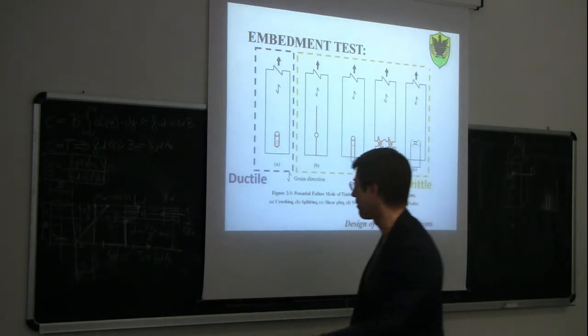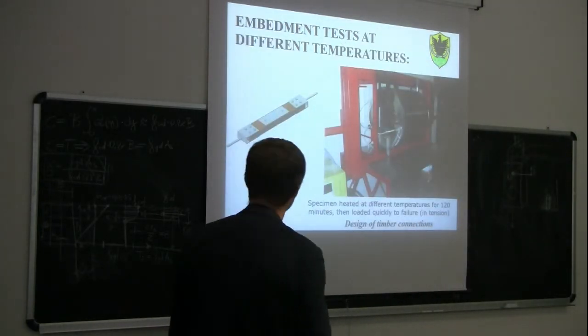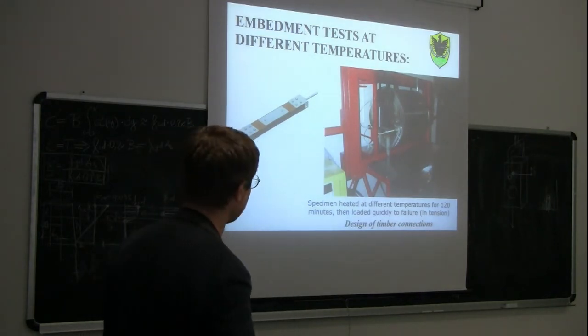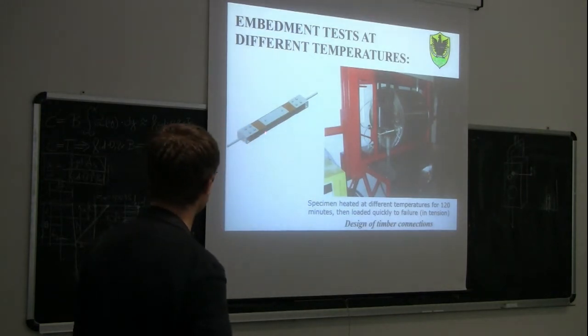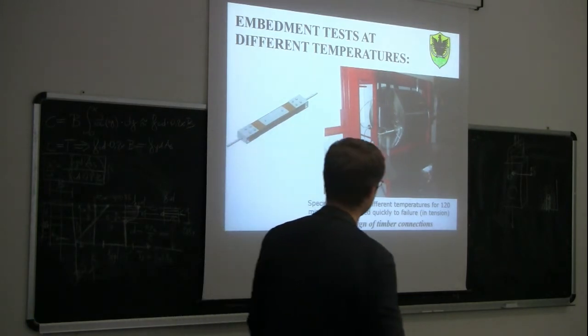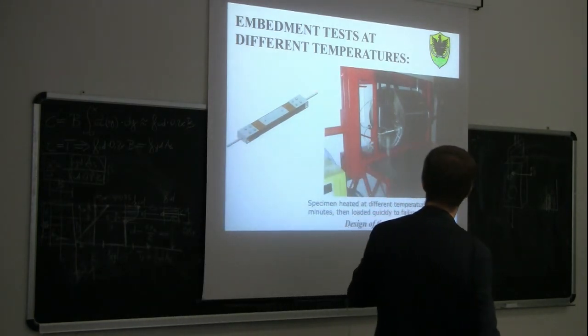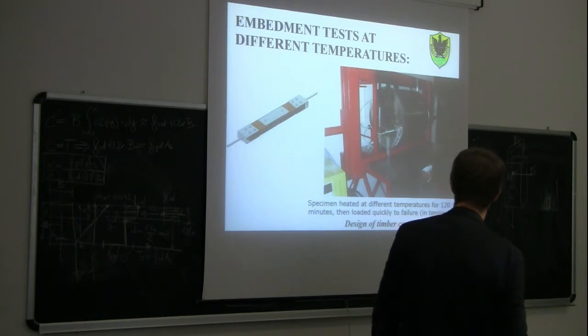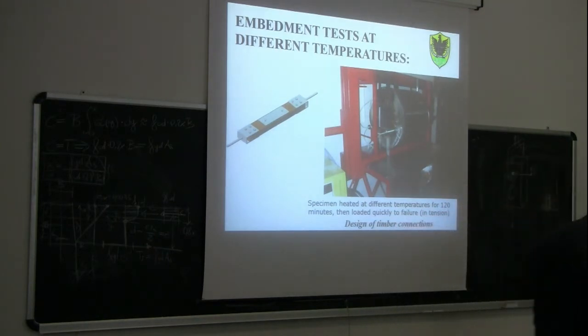Here you can see some experimental results. This was a connection between two pieces of wood with a steel plate and two bolts. These specimens were loaded in tension. In this case, the research was about the fire resistance of this connection, so we were interested in trying to predict the fire resistance of this kind of connection.